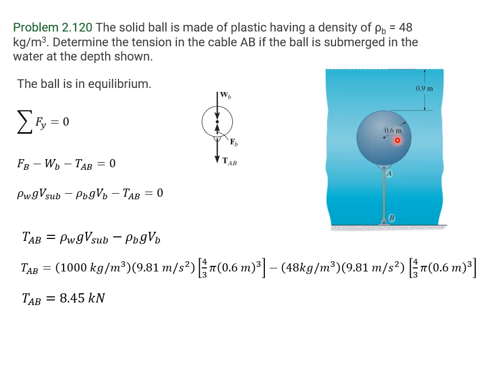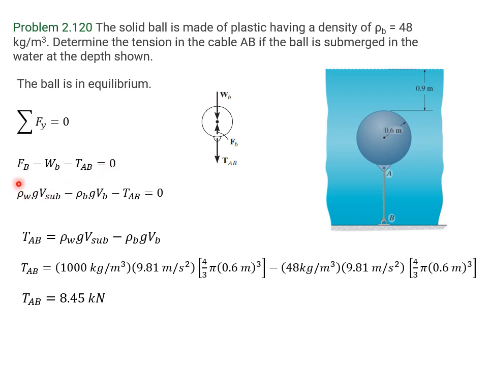Again, this is an equilibrium problem where the sum of forces equals 0. So you have three forces. You've got the weight of the ball acting through the center of gravity, the force of buoyancy acting through the center of gravity, and the tension in the rope. Tension and weight are downward, buoyancy is upward, so you can set up a simple relationship.